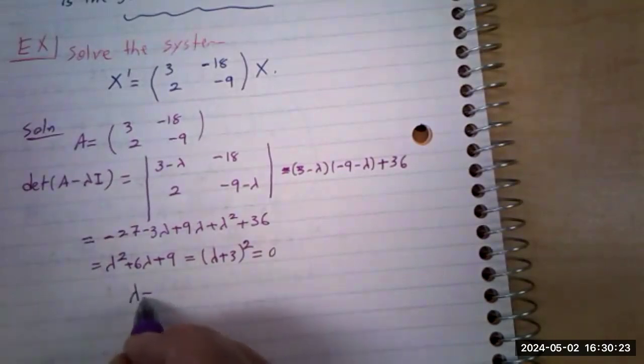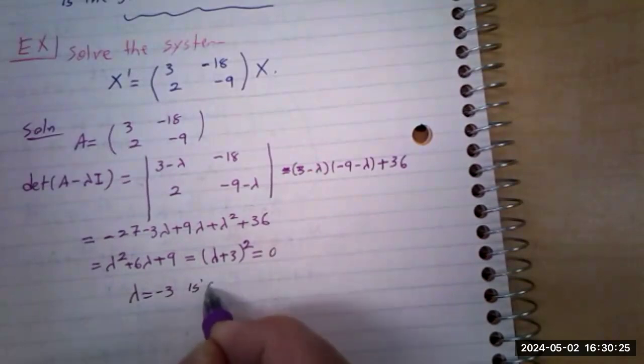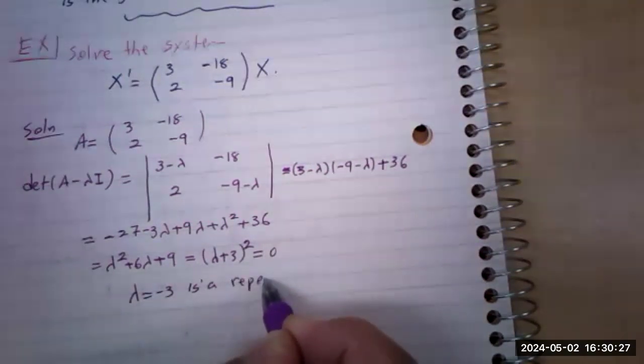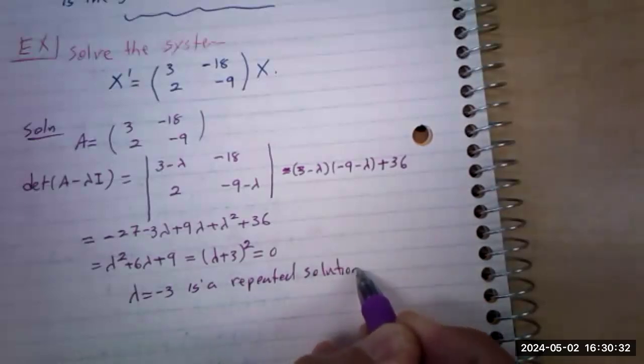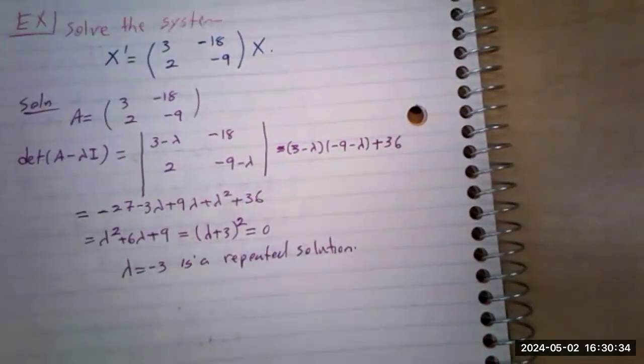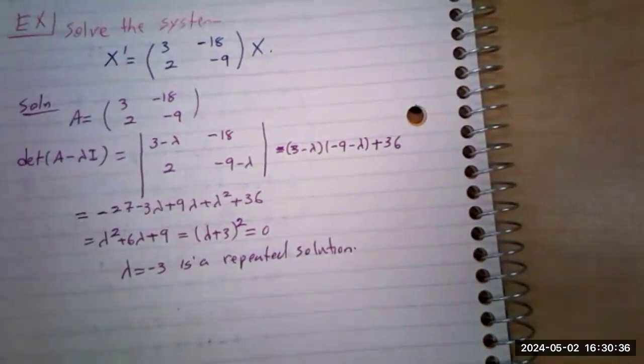Lambda equal to -3 is going to be a repeated solution. Two solutions, but they are the same. So as usual, continue and find your eigenvectors, that gives you K, and then come back and do the P.